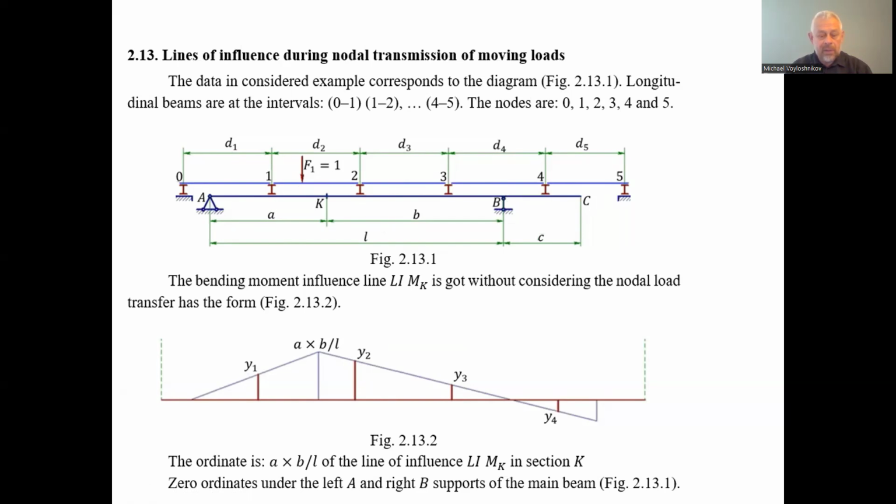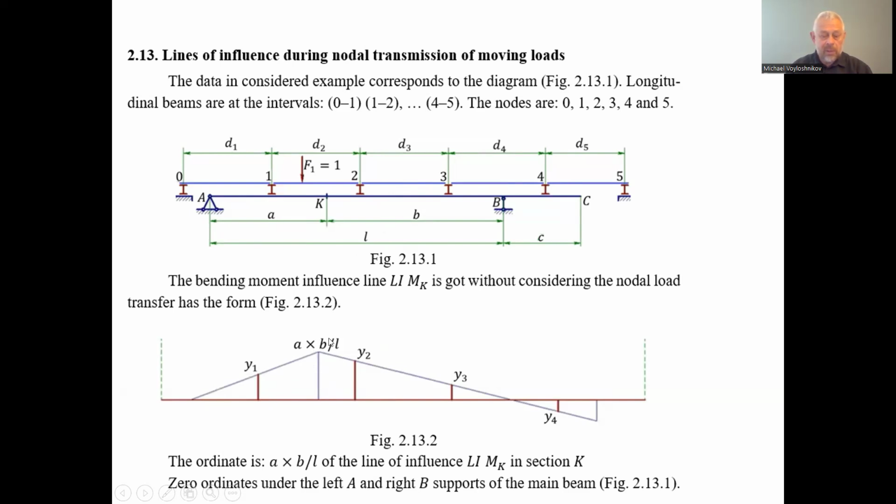line of influence of the moving load on the bending moment on the main beam at the point K, assuming, just suppose, that the load moves along the main beam, not along the panels. To do that, we have to have the ordinates at the definite points.